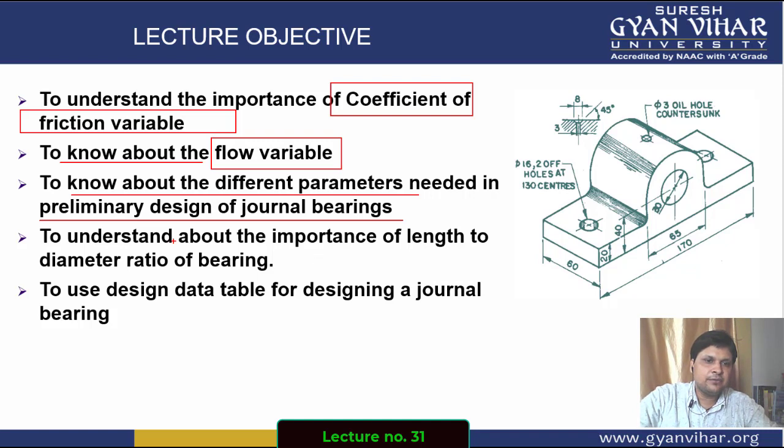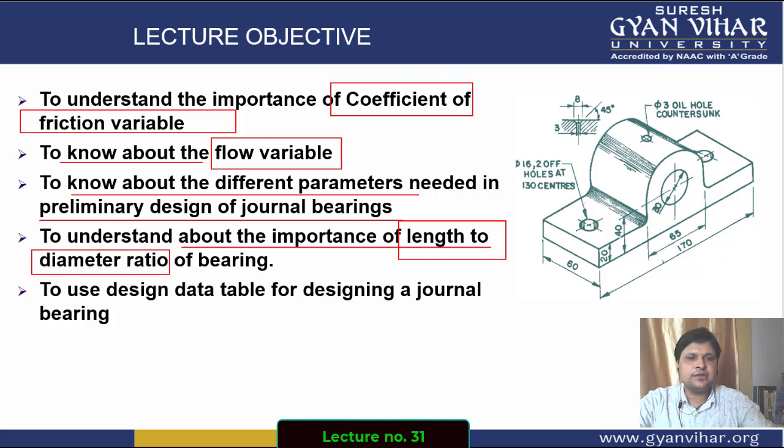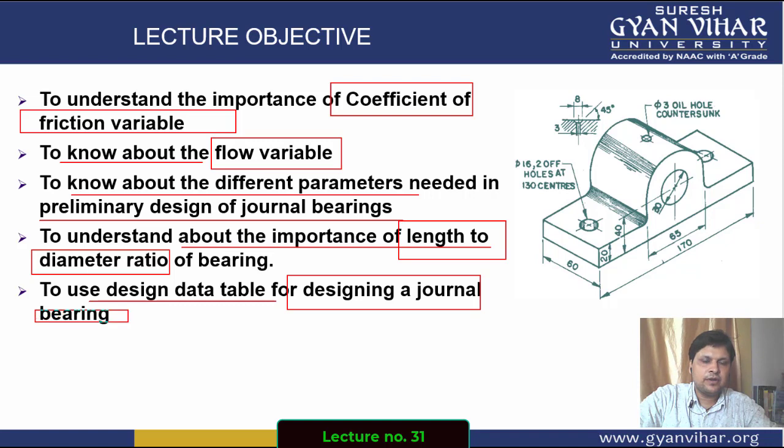Our fourth objective will be to understand the importance of the length to diameter ratio, because all the other parameters are calculated based on the length to diameter ratio of the bearing. And finally, we are going to see how we can use the design data table for designing a journal bearing. So these are the objectives of today's lecture, students. Let's start our lecture now.